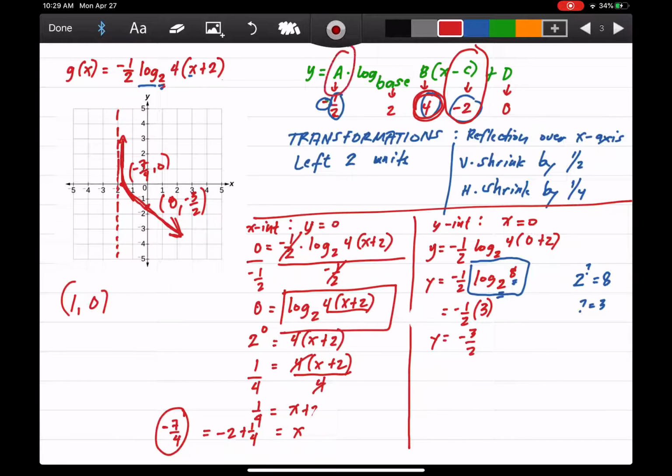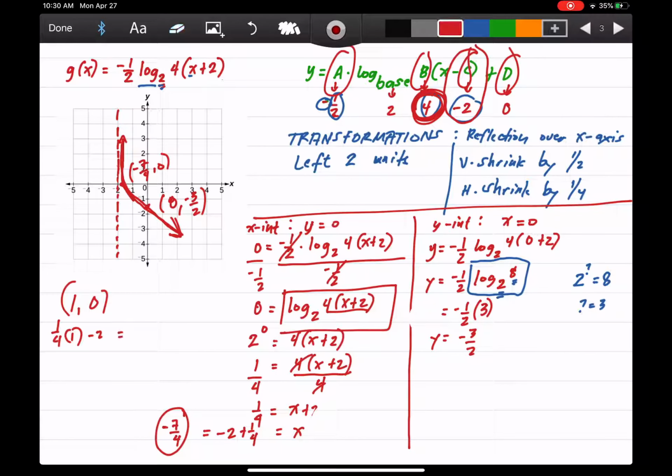Your A and D will affect your y values, and your B and C will affect your x values. So let's start with your x values. So 1, multiply this by, your B is 4, so you have to get its reciprocal, and that's 1/4. So multiply x by 1/4 and then subtract 2.